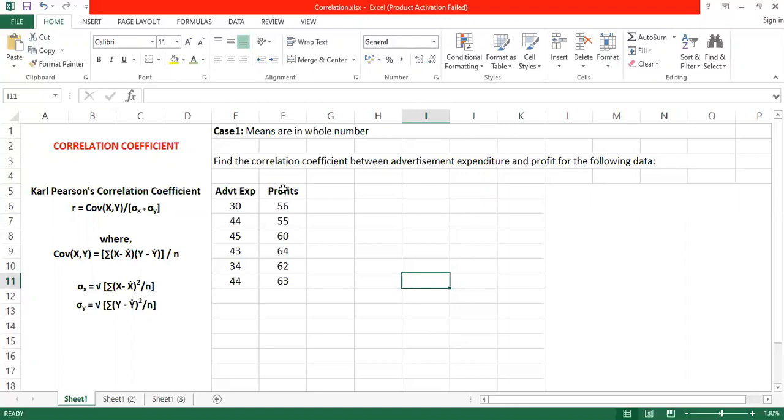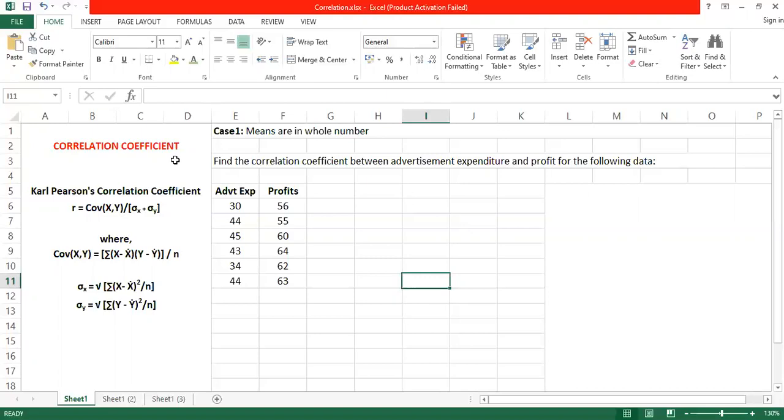Similarly, profit is another variable, because the value of profit may change every month, year or quarter. So in your problem, you have two variables, advertisement expenditure and profit. Our job is to tell whether there is any relationship between them.